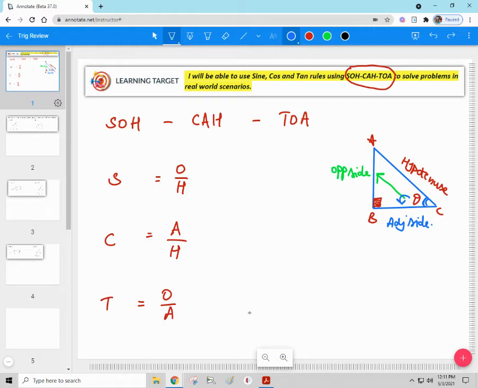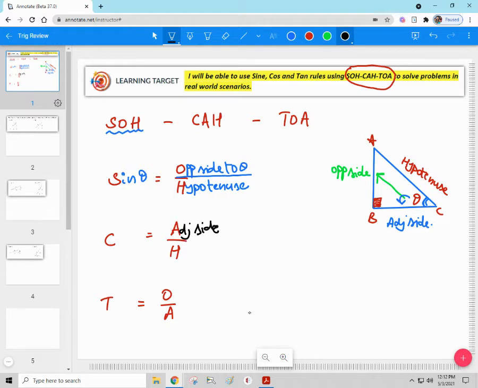Now, coming back to what SOHCAHTOA means, SOH, which is sine theta equals opposite side to theta over hypotenuse. Some people prefer to write only opposite side, but I suggest you write completely, because when you say adjacent side or opposite side, it should make sense.